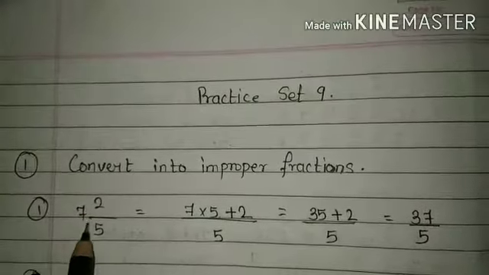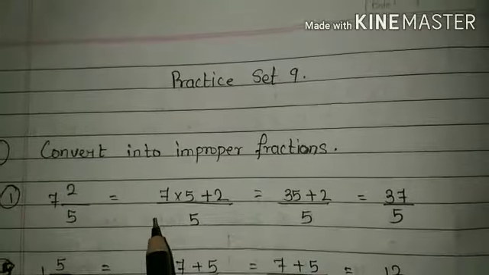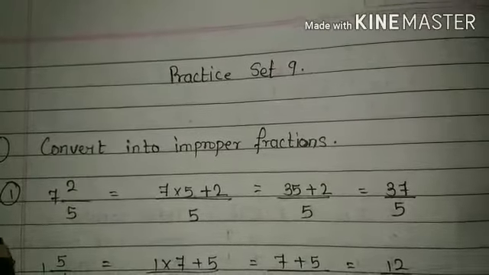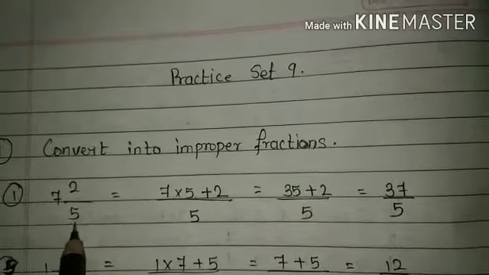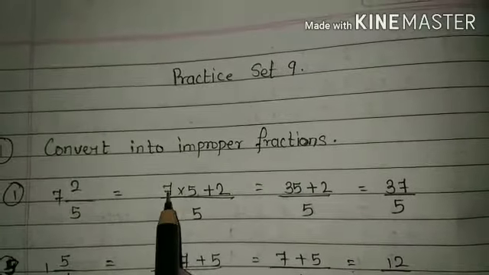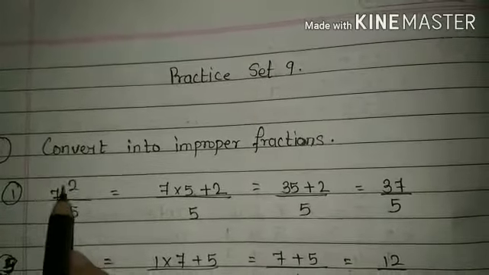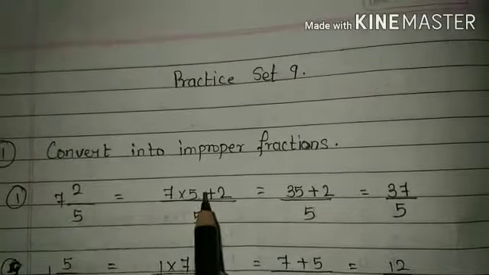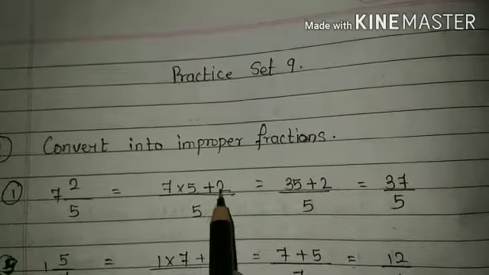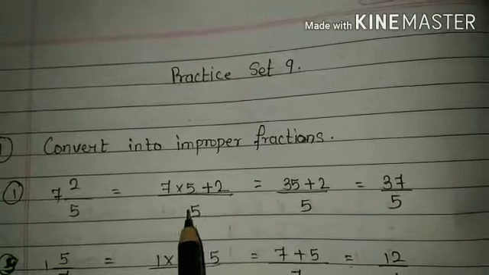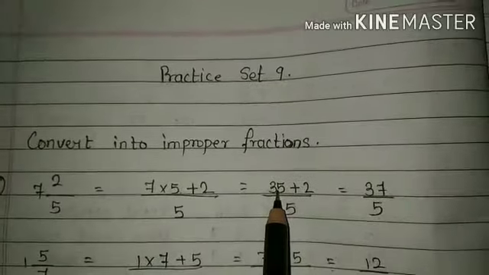See question number 1. 7 and 2/5. First of all we will write 7, that is the whole number, and that 7 will multiply with denominator 5. So 7 multiplied by 5, then we have to plus this numerator, that is 2. So 7 multiplied by 5 plus 2, and down the denominator will come as it is. Then 7 5s are 35.